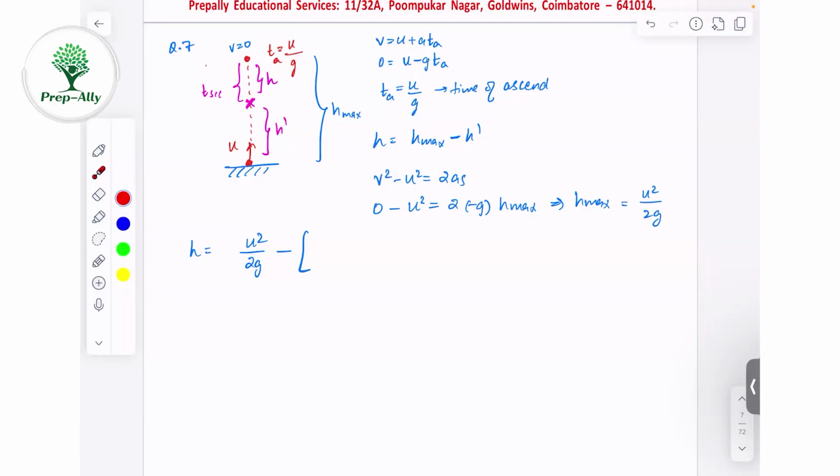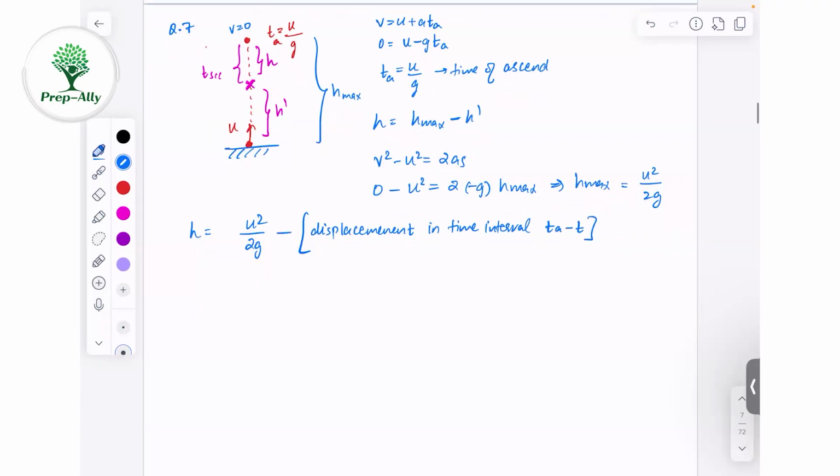We know displacement s is equal to ut plus half at square. U here is this u. Time here is time of ascent minus t, so u by g minus t. I'm directly putting u by g. Plus half, acceleration here is going to be minus g because the body is going upward, and t square is u by g minus t whole square.